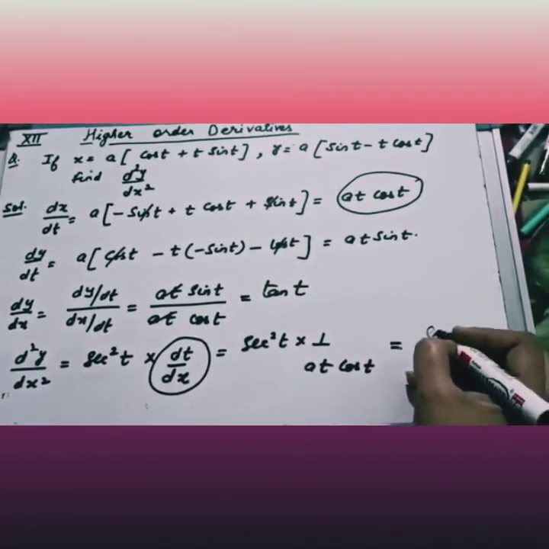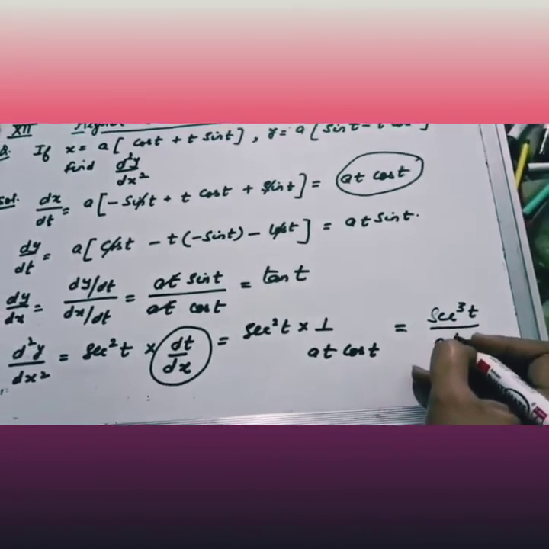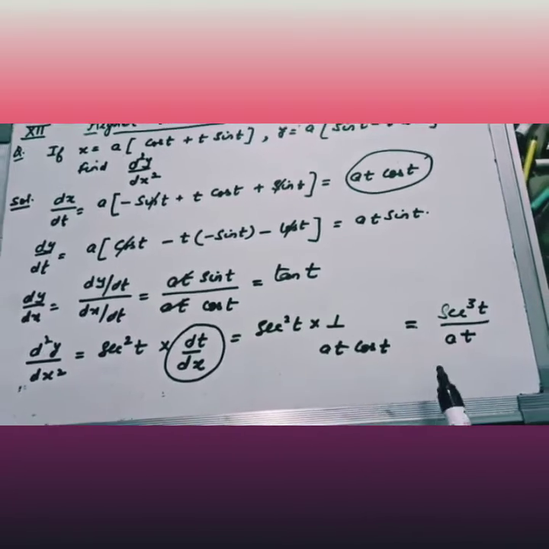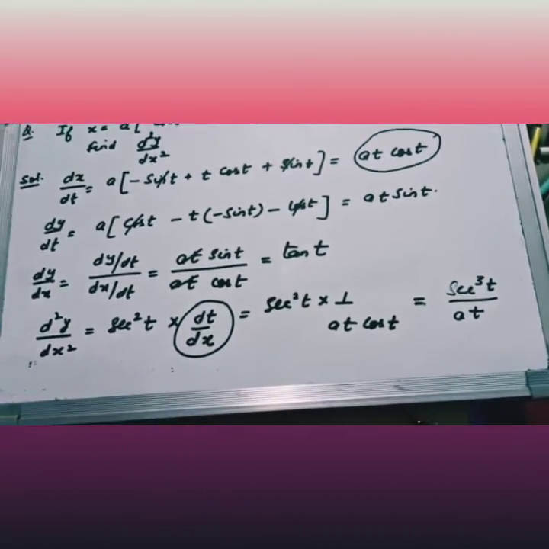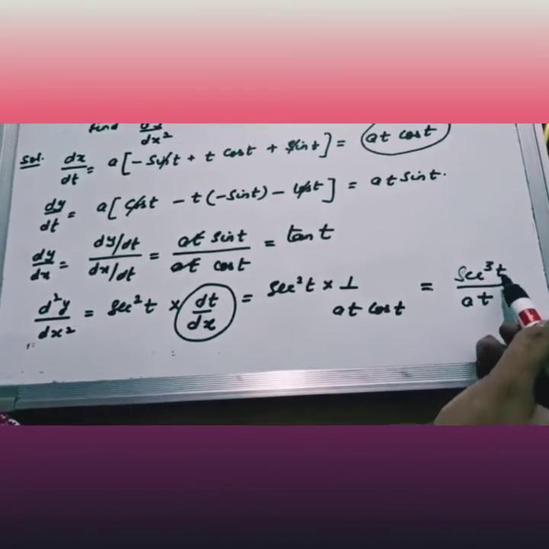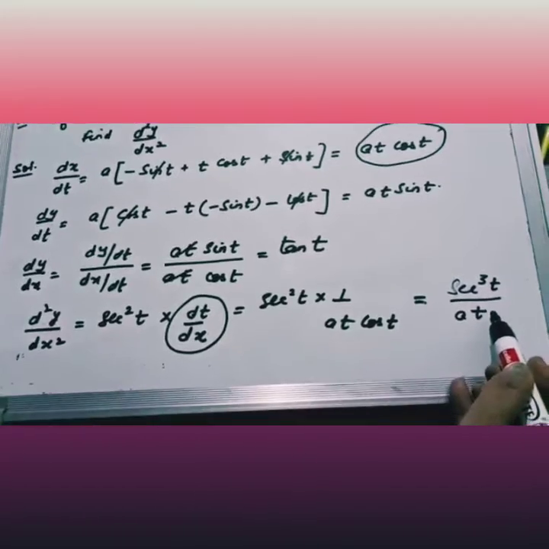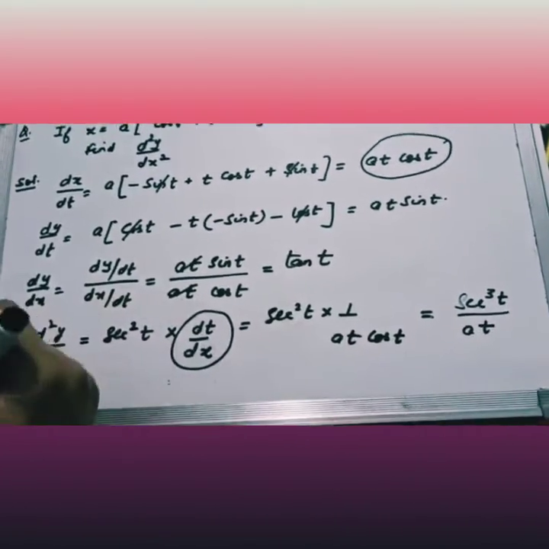So answer can be written as secant cube t divided by a t. So this is our second order derivative with respect to x. And if the question is to write down the derivative at t is equal to pi by 4, put that value of t at this step. So after complete calculation of second order derivative, put the value of t in the last step.